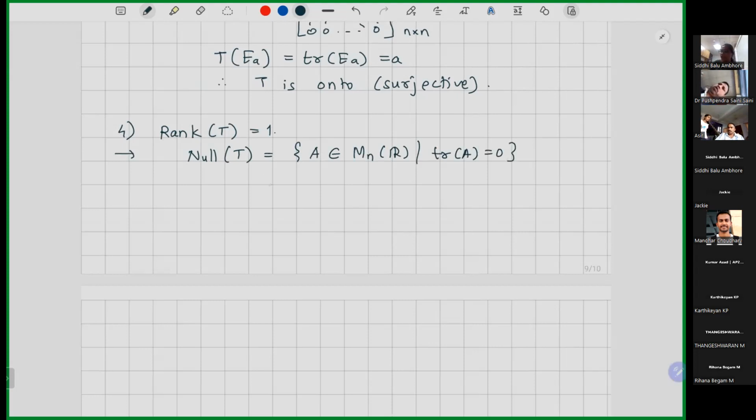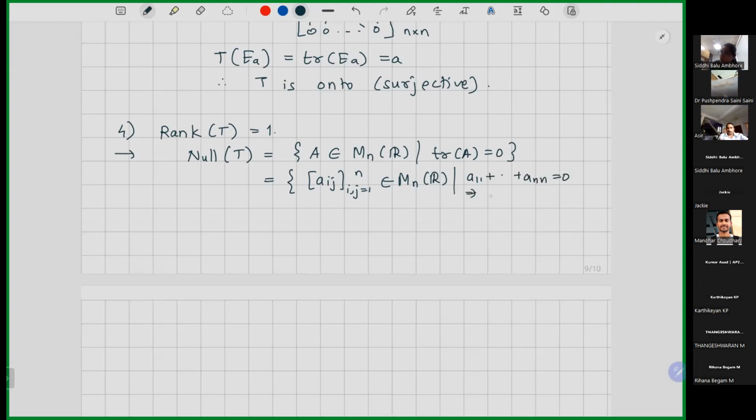And if you remember, we did this quite a lot: Aij, i, j from 1 to n in MnR such that A11 plus up to Ann is equal to 0.